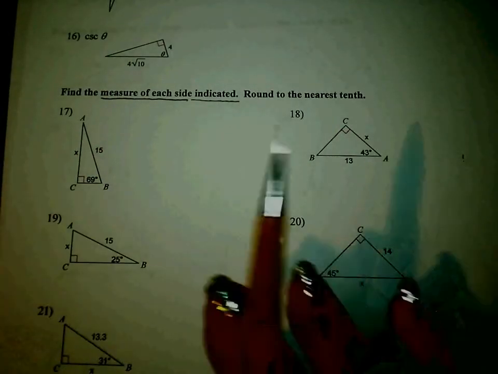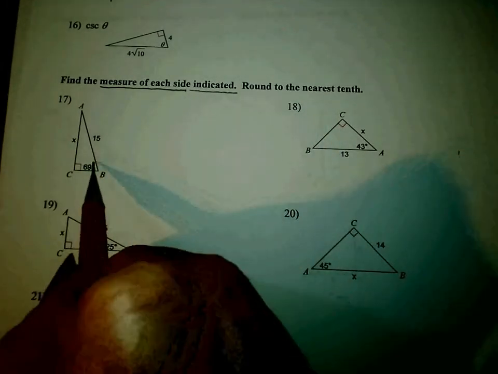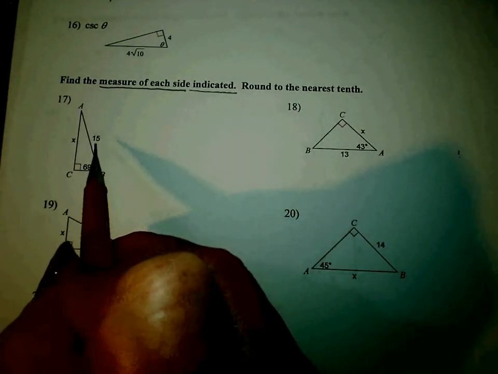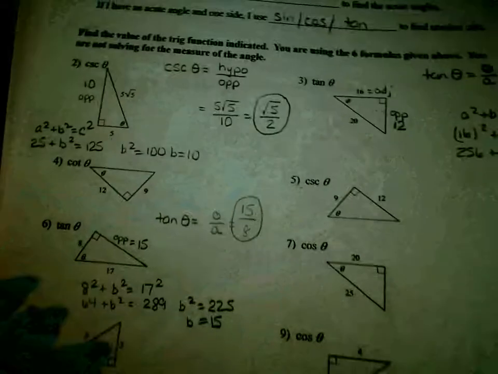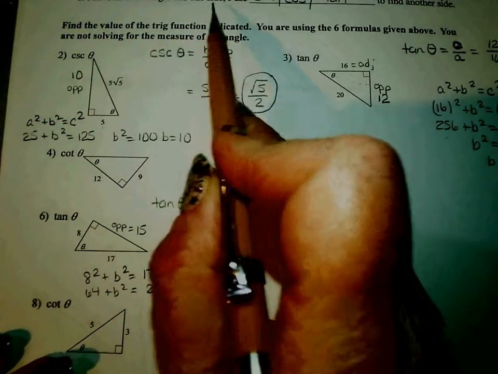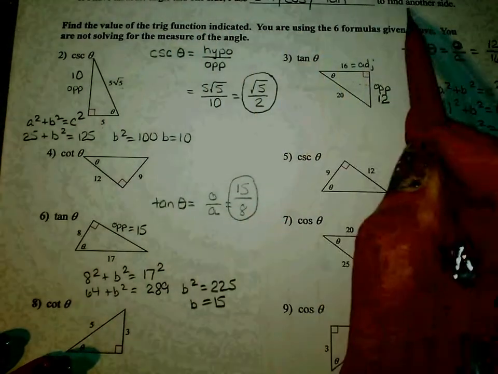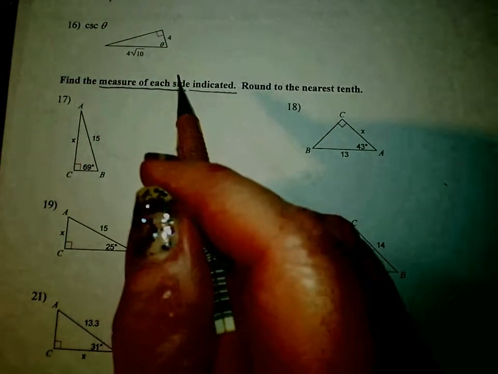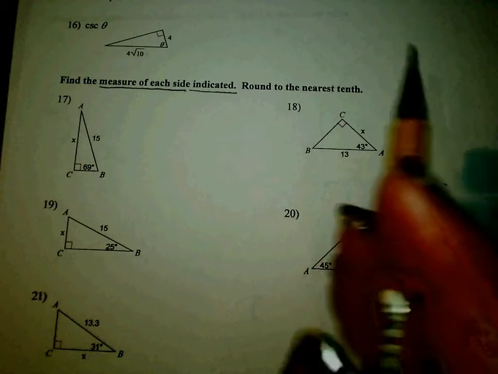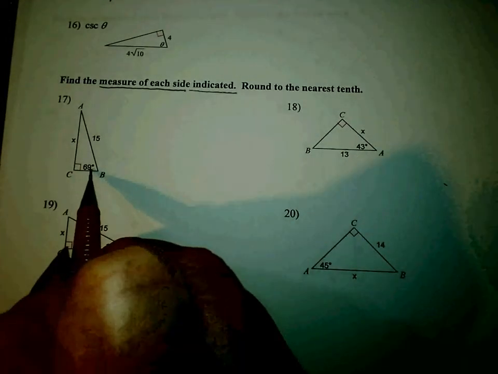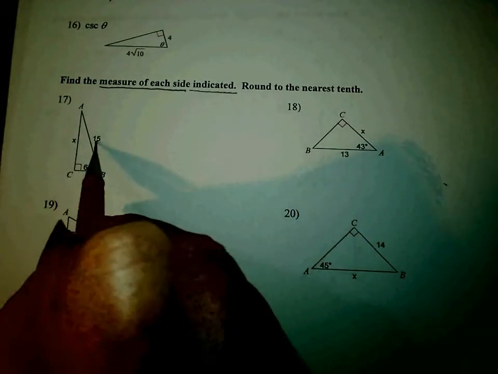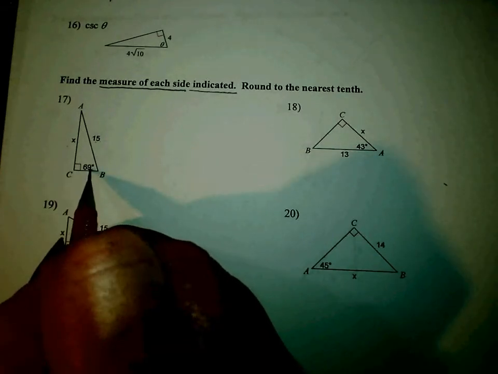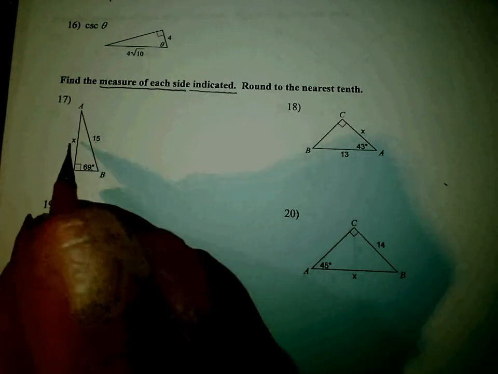What do I have? I have an acute angle, and I have one side. That note says if you have an acute angle and one side, I can use sine, cosine, or tangent to find another side. So let's see which one of the three I need. Look here at the angle and label these two based on what they are in relation to that angle. So this is 69 degrees. I look across there.